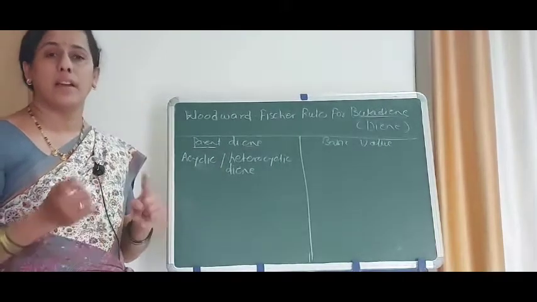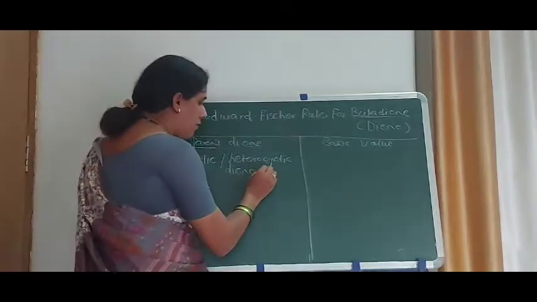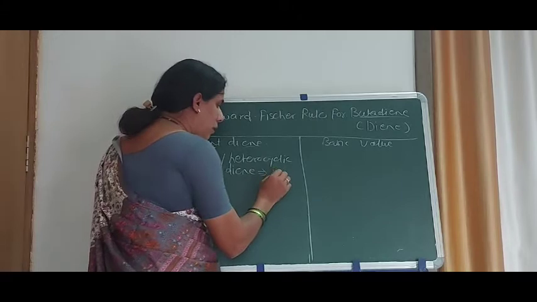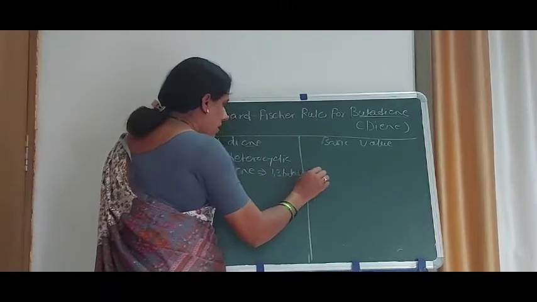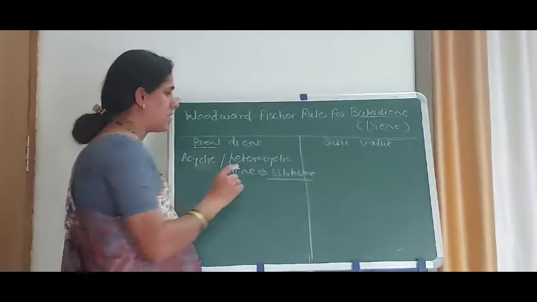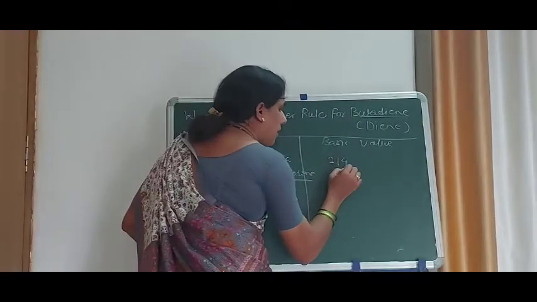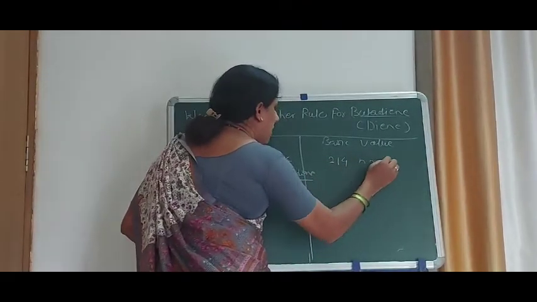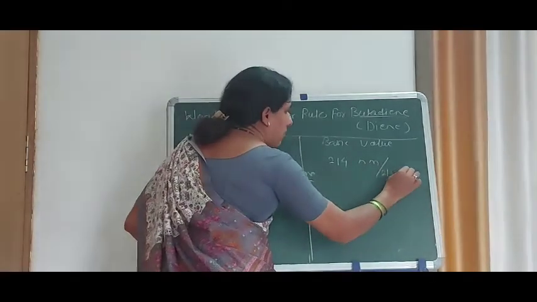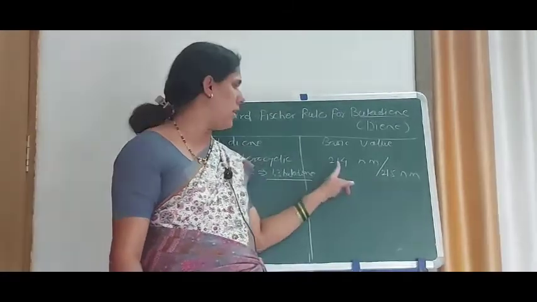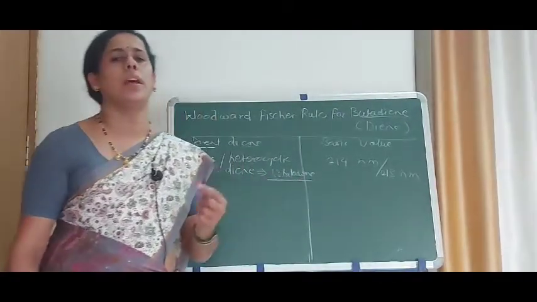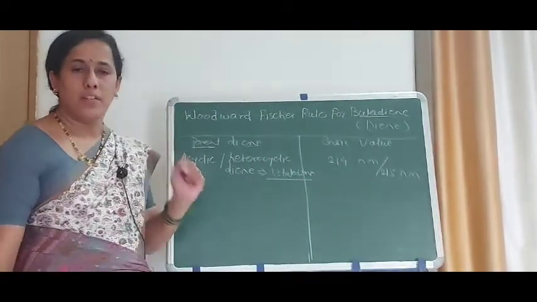When in a compound we identify the 1,3-butadiene structure, if it is present, the basic value is about 214 nanometer. In some books it is given as 215 nanometer. Whichever value we take, there is only a 1 nanometer difference in our final answer.